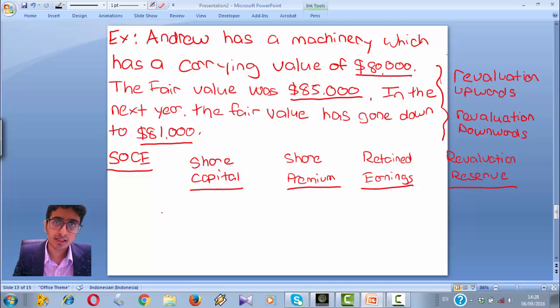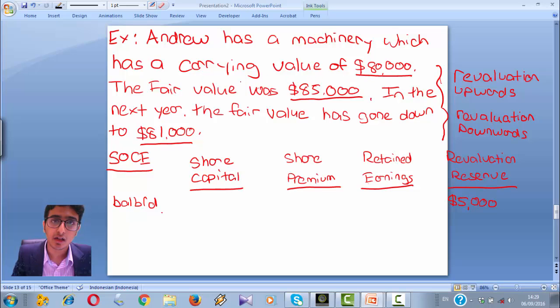Now, let us see what happens when a revaluation downwards takes place after a revaluation upwards has taken place in the previous year. When we start the statement of changes in equity, we have a balance brought down, because from the previous example, our revaluation reserve has a positive figure of $5,000. Why? Because in the previous year we had a revaluation upwards.